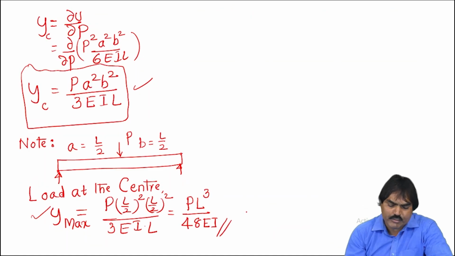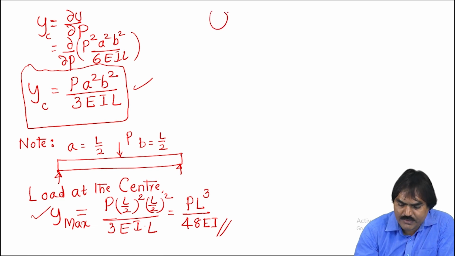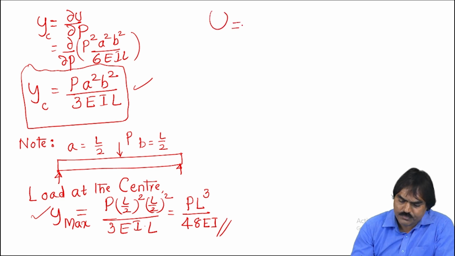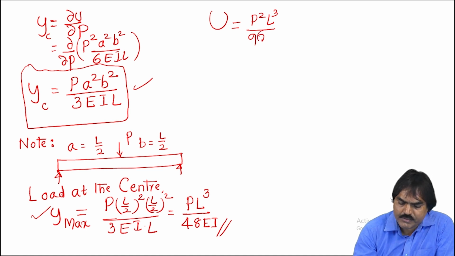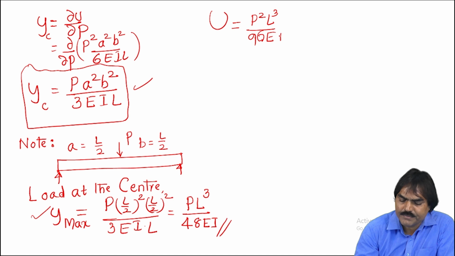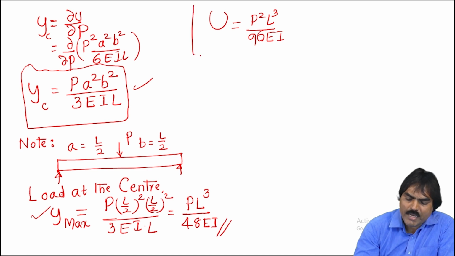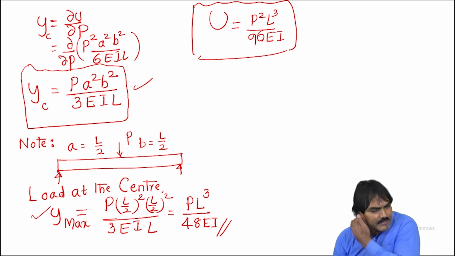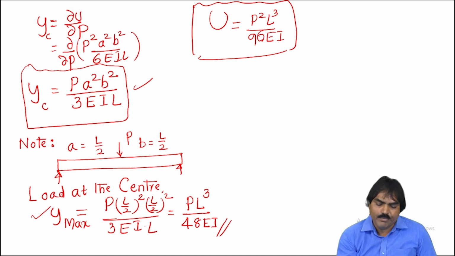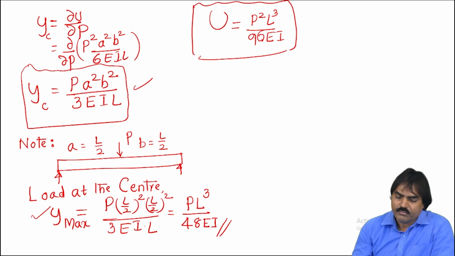Now what happens to the energy here? The energy will be U is equal to P square L cube by 96 EI. This is the energy when the load is acting at the center. So when I differentiate this, we'll get the same PL cube by 48 EI.